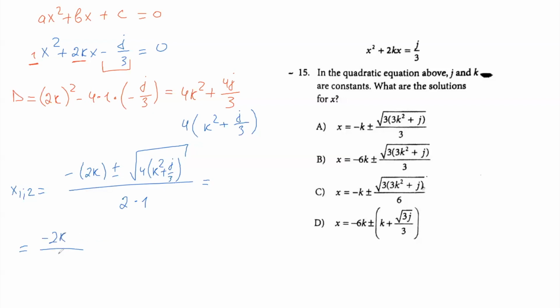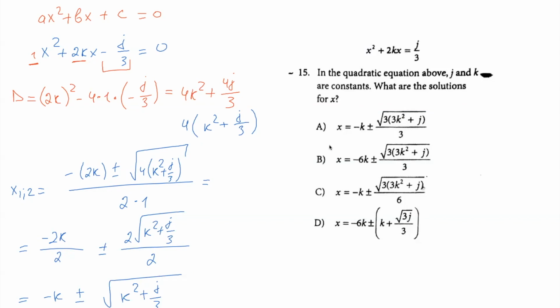Minus 2k divided by 2 plus minus square root of 4 times (k squared plus j over 3) divided by 2, taking 4 out as 2, is like minus k plus minus the square root of k squared plus j over 3.